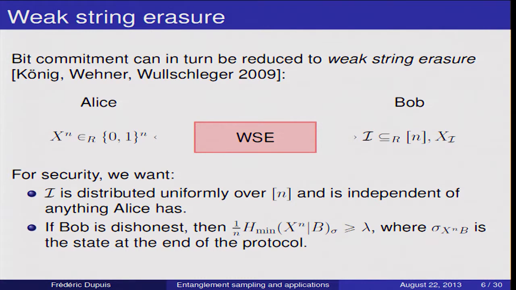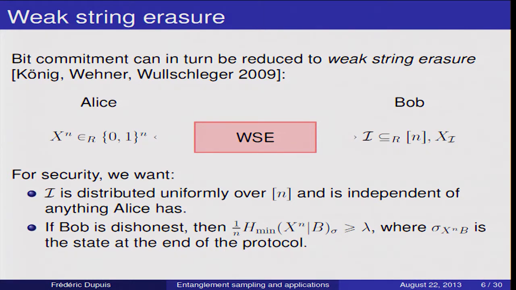And we want that if Bob is dishonest, we make sure that he doesn't have full information about Alice's string. And we're going to formalize this by having this bound here. So this min-entropy here, you can view this as a measure of uncertainty about Alice's string given whatever dishonest Bob has.